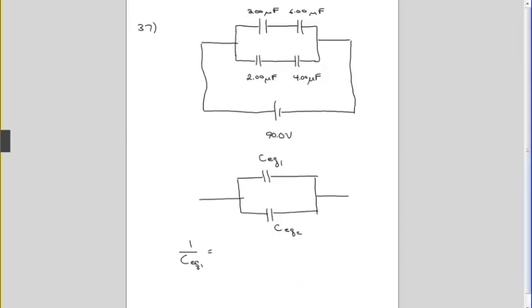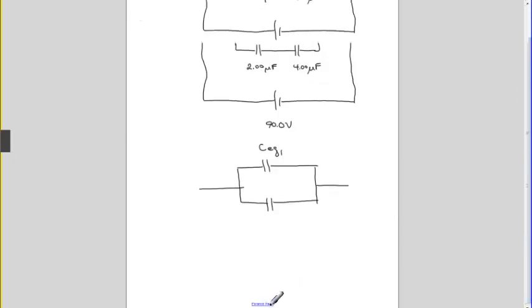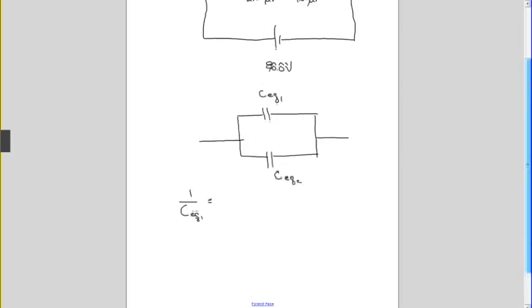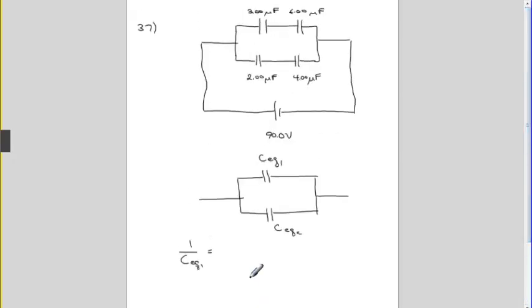Okay, so we take 1 over 3, and again, everything's in microfarads, so 1 over 3 plus 1 over 6. 1/3 plus 1/6 is 1/2.